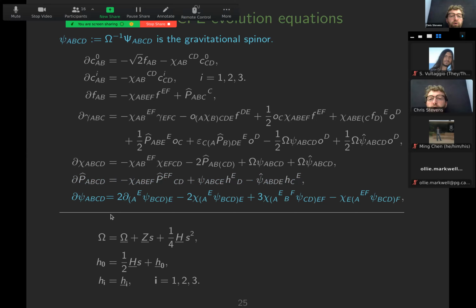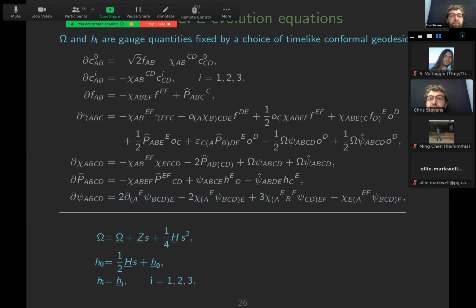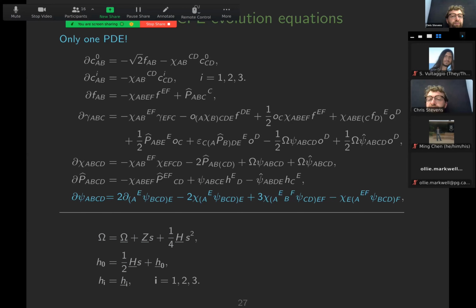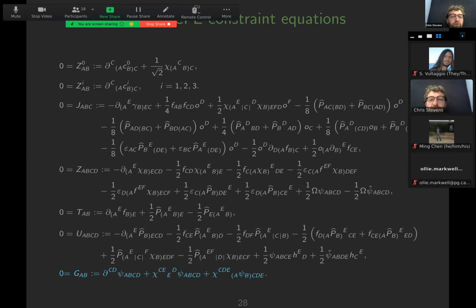And then below the horizontal line, we have stuff that is known a priori. So these equations, given initial data, tell us how this data propagates with time. And we have constraint equations.